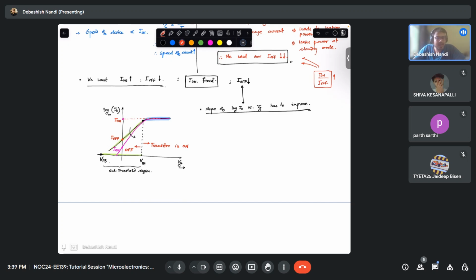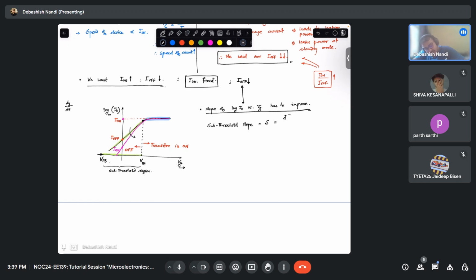So I should define this slope, right? This slope is basically your sub-threshold slope, or S. How do you define a slope? dy by dx, right? So what is my y here?